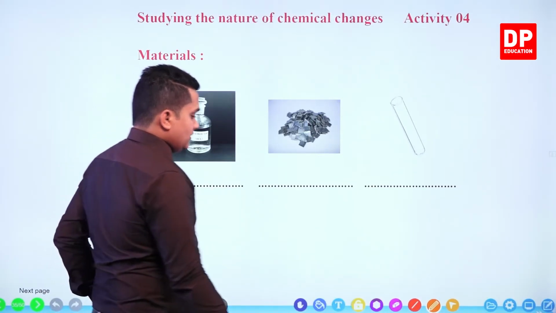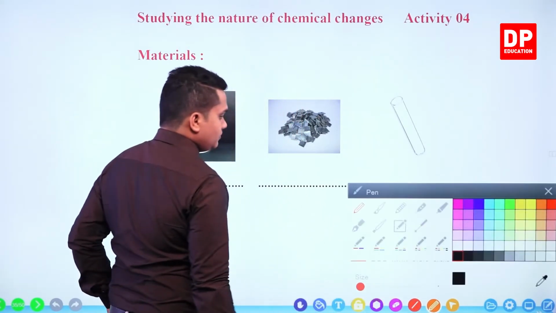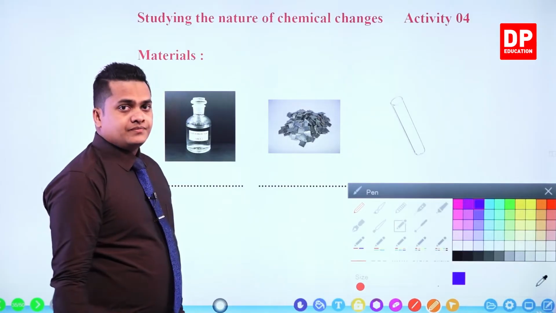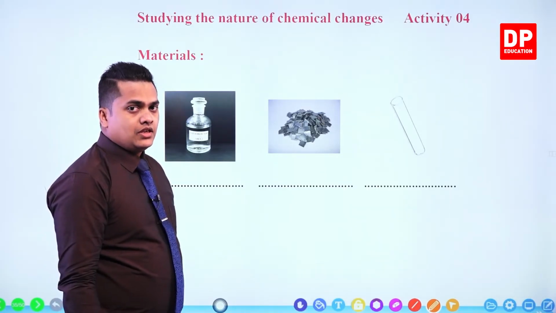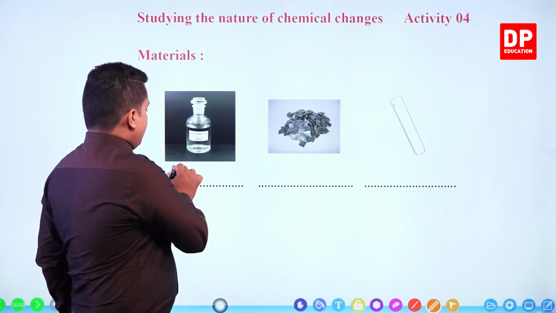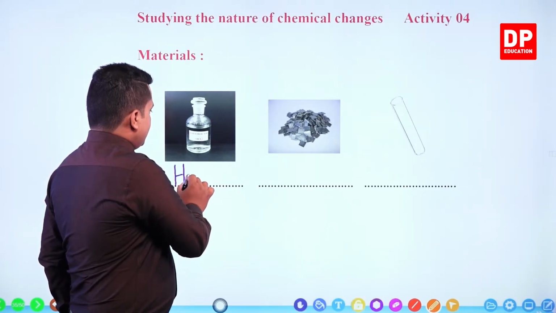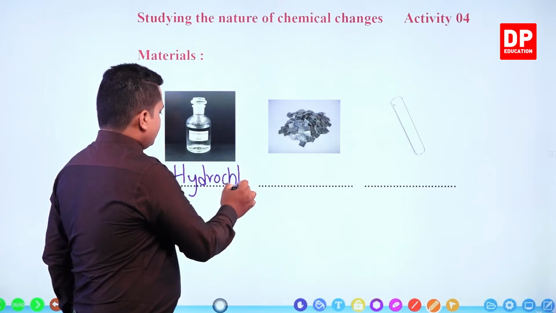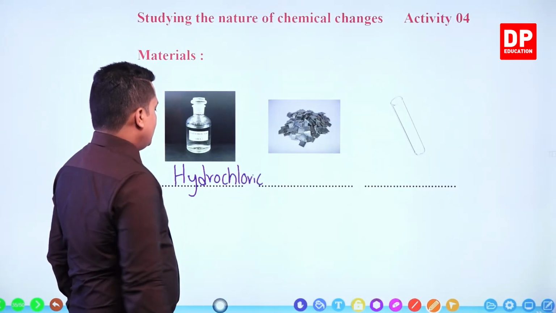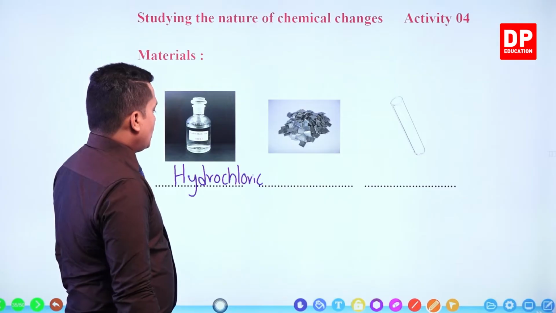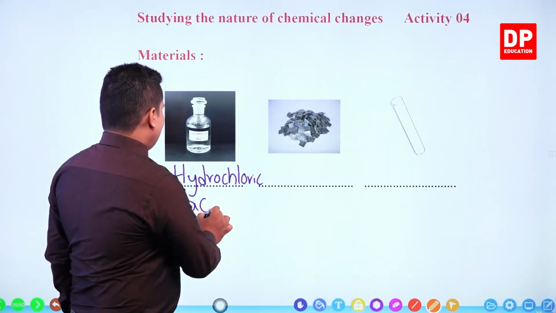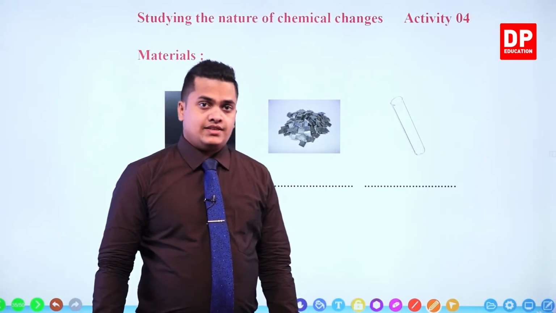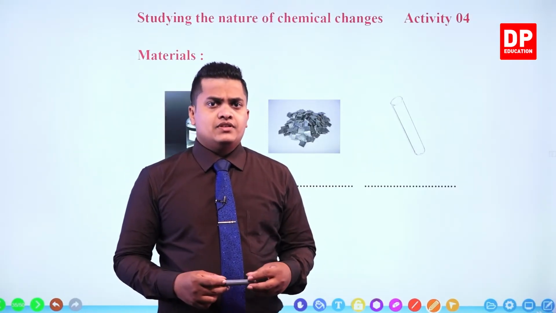First of all, to conduct this activity, you will be needing an acid. This is hydrochloric acid. Hydrochloric acid is a type of strong acid that we can find in our laboratory.